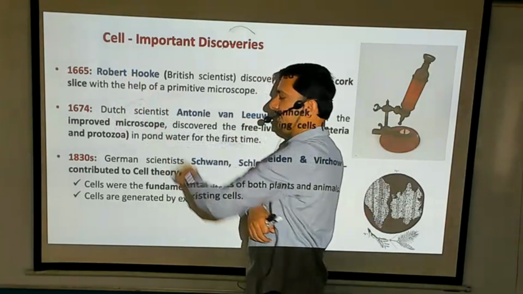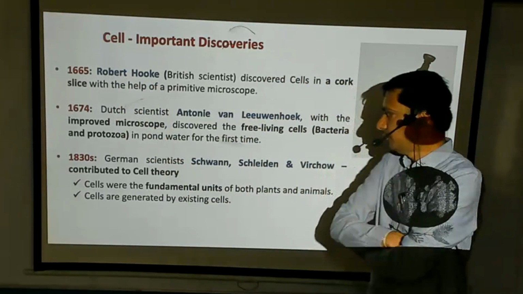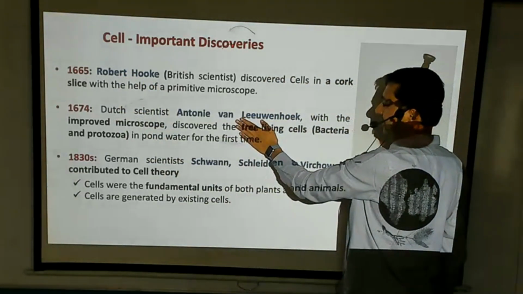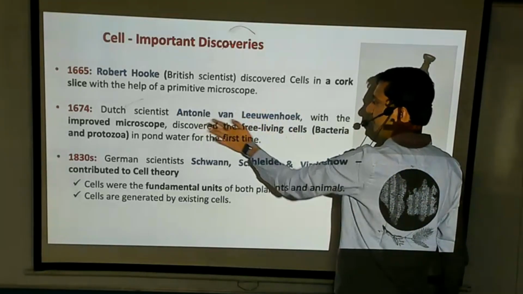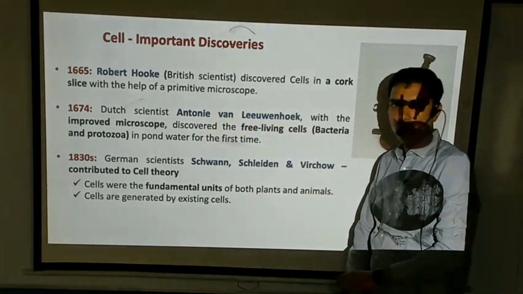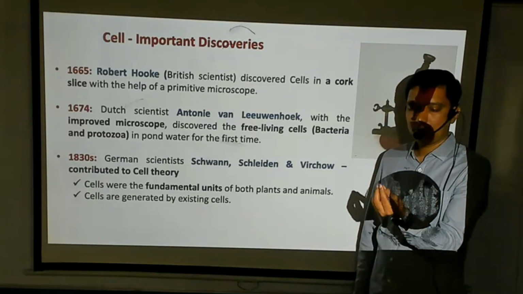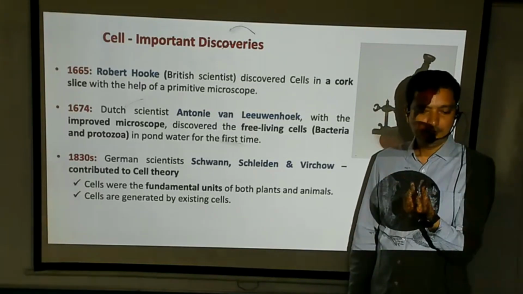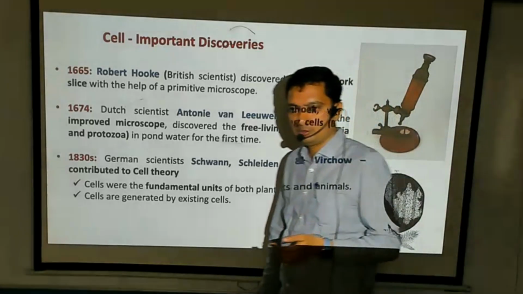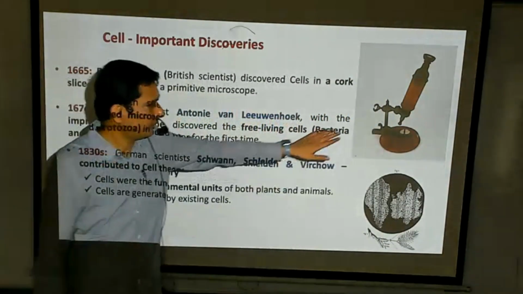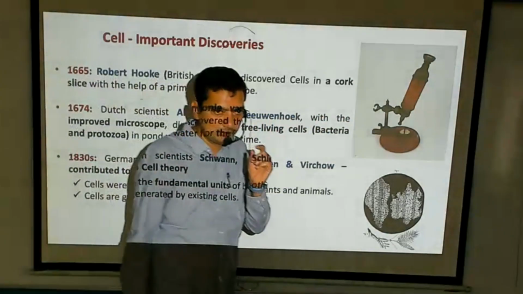Roughly a decade after that, in 1674, a Dutch scientist called Antony van Leeuwenhoek, or simply Leeuwenhoek, saw living cells. He took water from a pond and observed it using an improved microscope, better than this one, because here we are looking at much smaller cells.